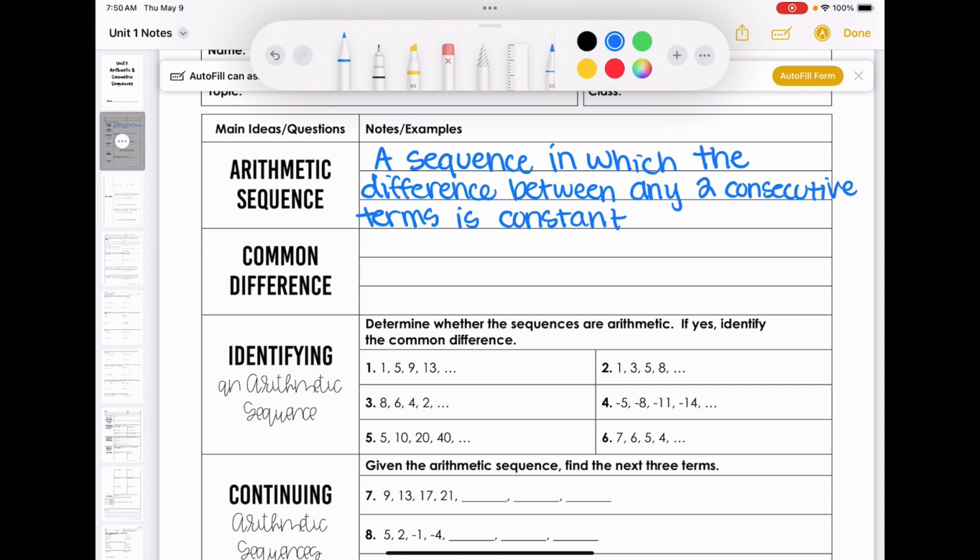So a sequence in which the difference between any two consecutive terms is constant. That is an arithmetic sequence. So the common difference is the numerical difference, and we call it D, between any two consecutive terms.